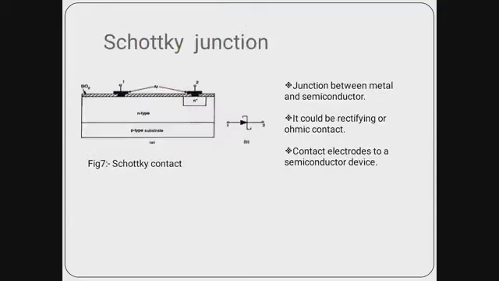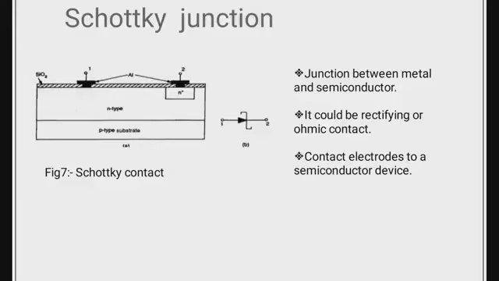Now next is the Schottky junction. A Schottky junction is a special kind of junction which is made in between metal and semiconductor. Suppose this is the substrate I have chosen over here, a p-type substrate, and the semiconductor bead is n-type, and the channel is made by highly doped n-type material.